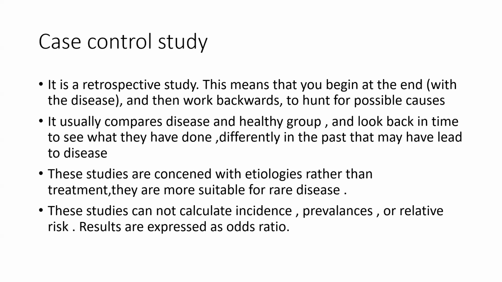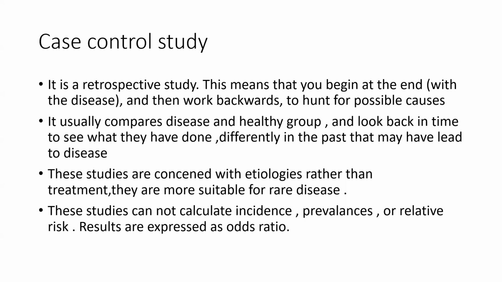Now about case control study, it is a retrospective study. This means that you begin at the end and then work backwards to hunt for possible causes. It usually compares a diseased and a healthy group and looks back in time to see what they have done differently in the past that may have led to the disease.